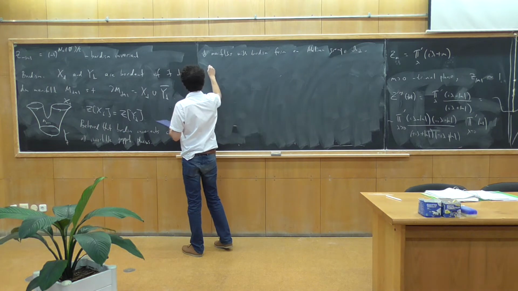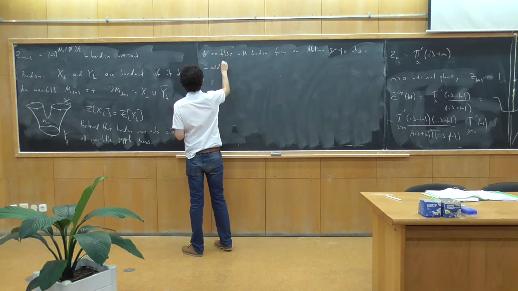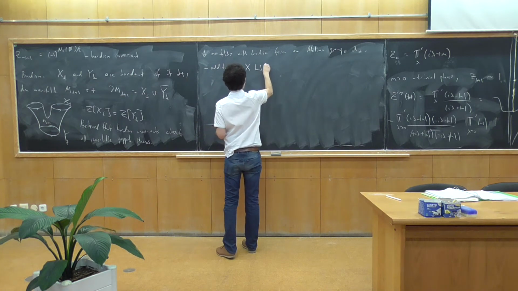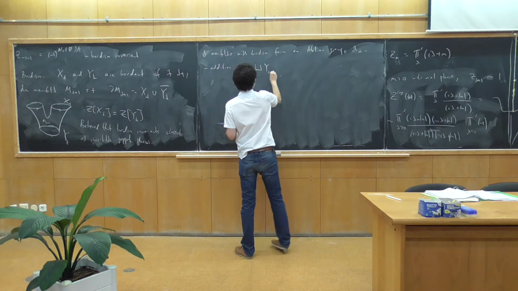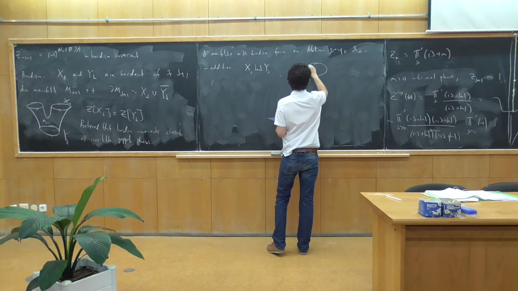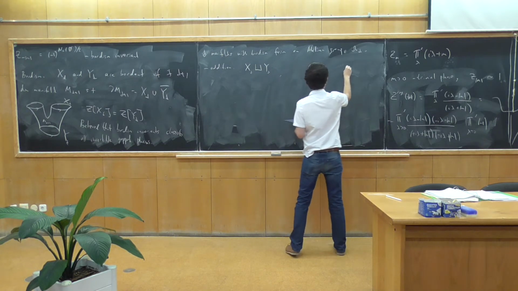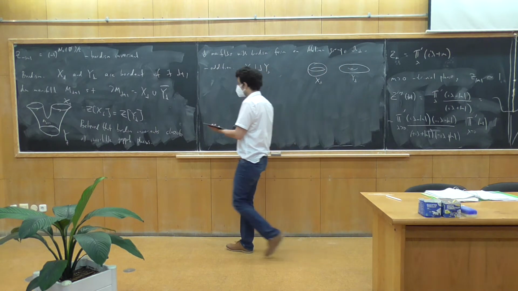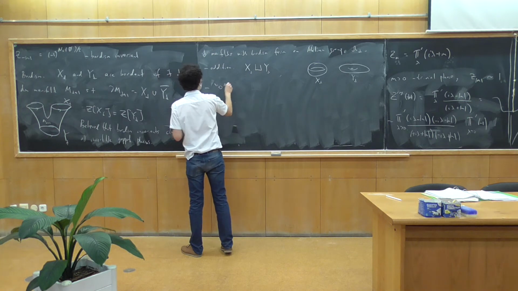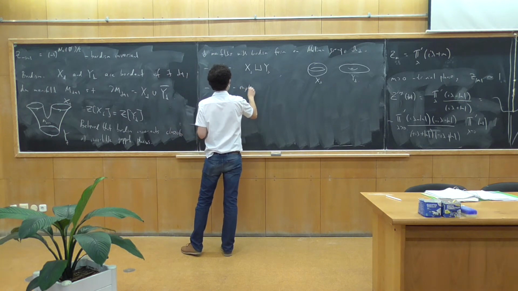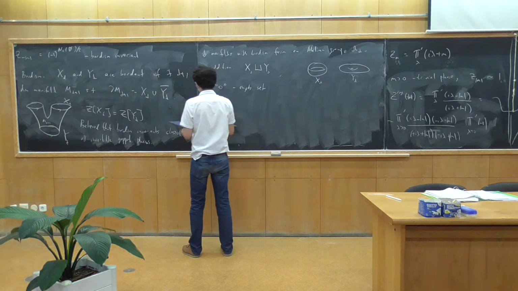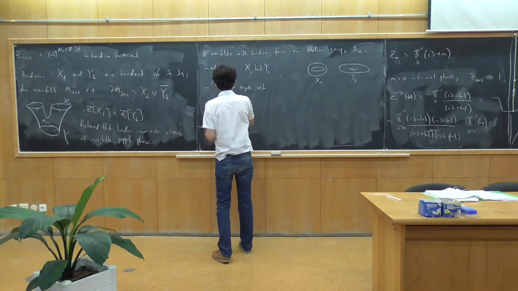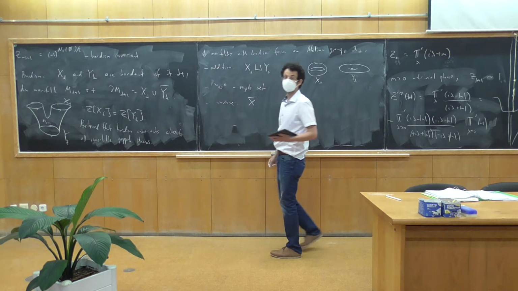The addition in this group is just the disjoint union of the manifolds. The zero is the empty set. And the inverse is the manifold with its orientation reversed.